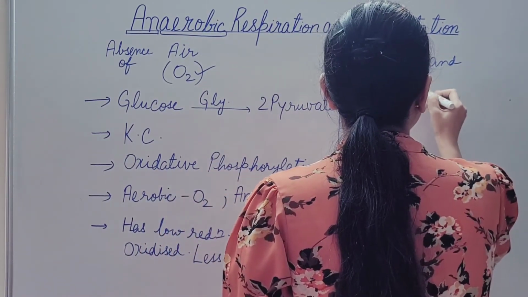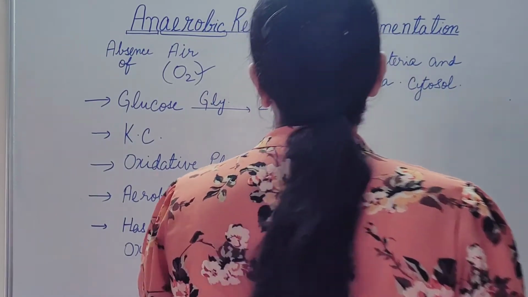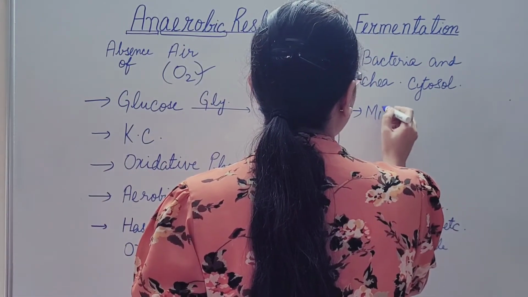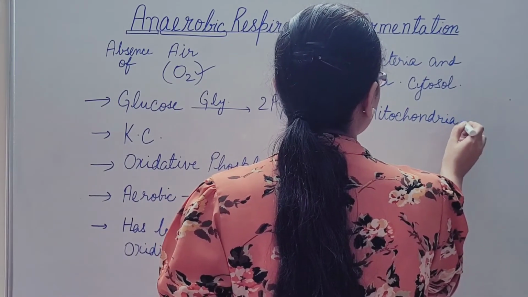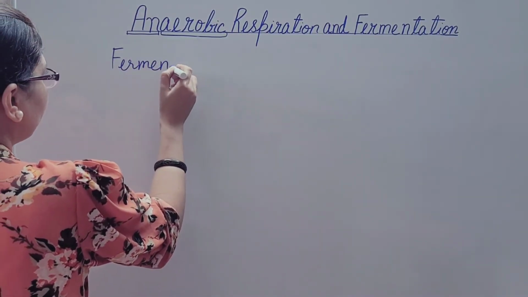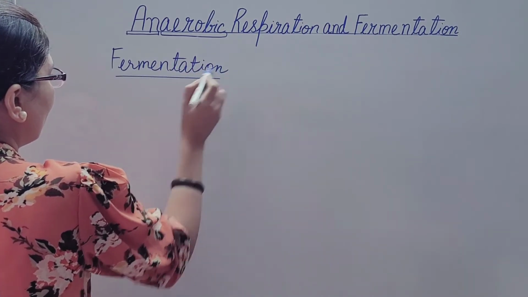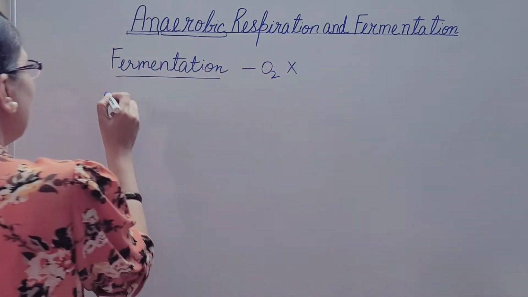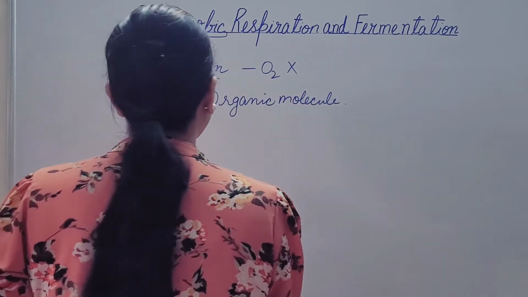The processes of anaerobic respiration occur in the cytosol, while in aerobic respiration, many of the processes take place in mitochondria. Then comes fermentation. Fermentation also takes place in the absence of molecular oxygen, but it is different from anaerobic respiration because here the final electron acceptor is an organic molecule.